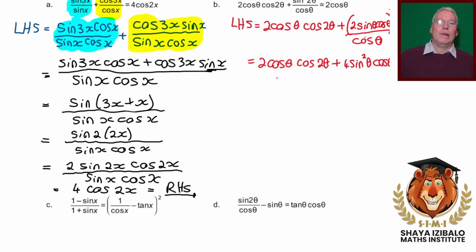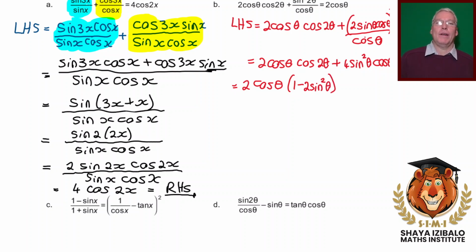Okay, now looking at what we've got here, I'm seeing a sine squared here. I don't really want a sine squared. So if I now take this cos 2 theta and we change it out for 1 minus 2 sine squared theta, a little bit of magic's going to happen.